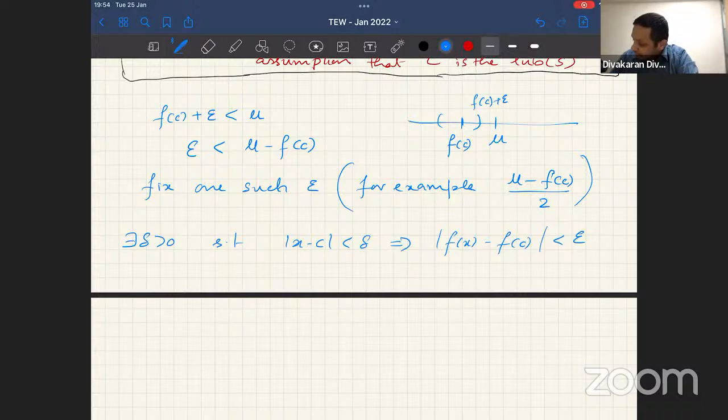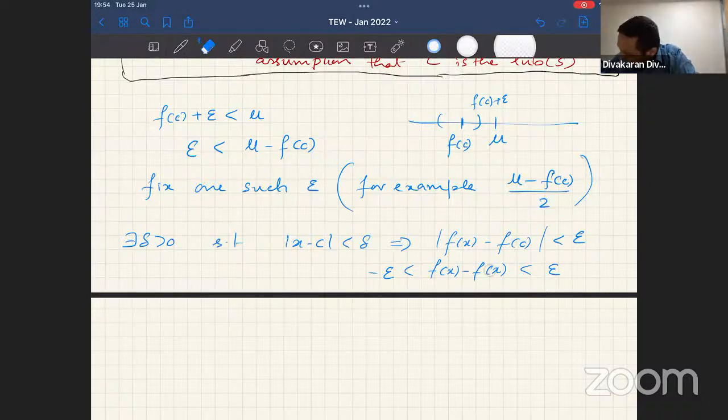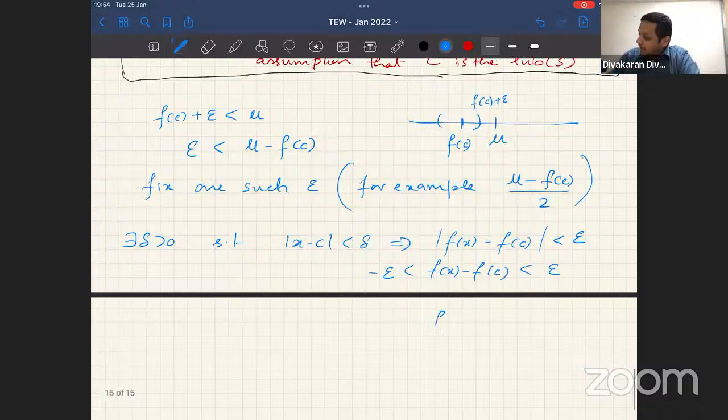In other words, f of x minus f of c is less than epsilon and greater than minus epsilon. Sorry, I'm very careless when I write, so please be wary of whatever I write. In other words, f of x lies between f of c minus epsilon and f of c plus epsilon.